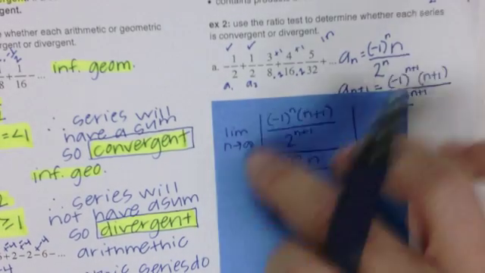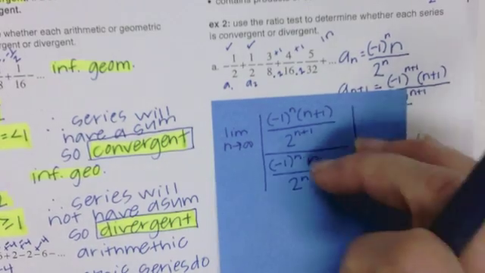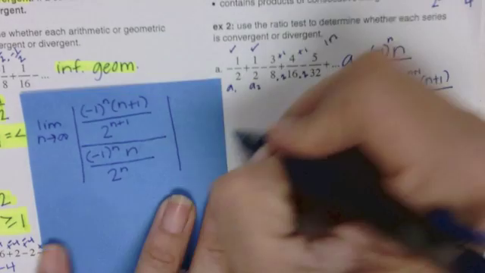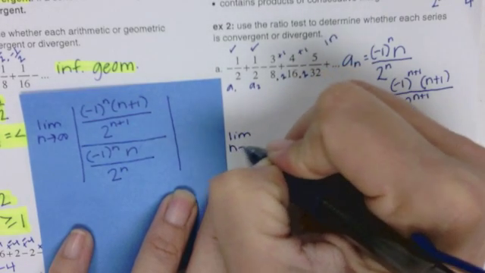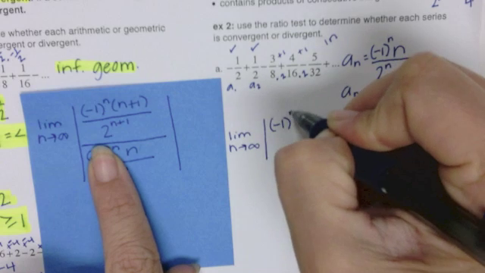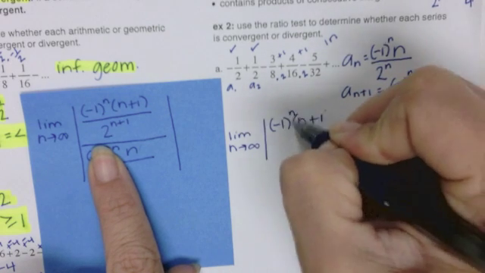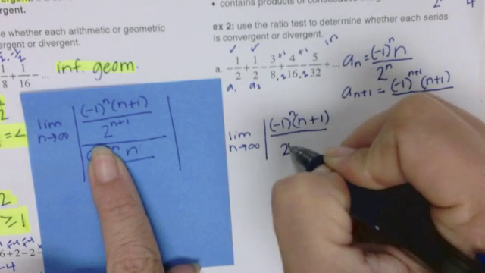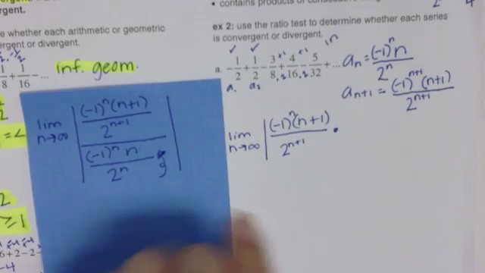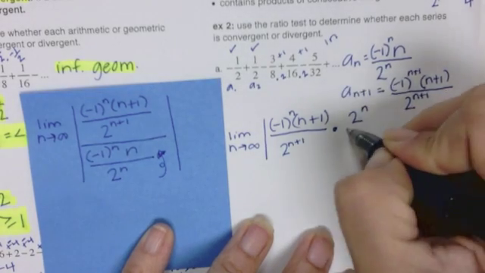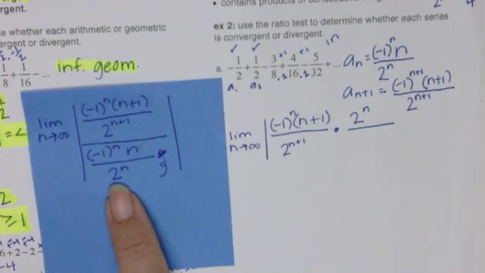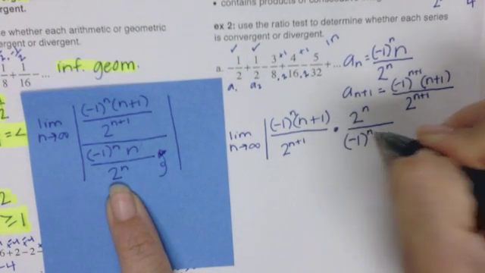So rather than having to write it in this form every single time, it's going to be easier if we take our first step and make it the limit as n approaches infinity of copy the first one, times, and I'm going to reflip that, 2 to the n all over -1 to the n times n.